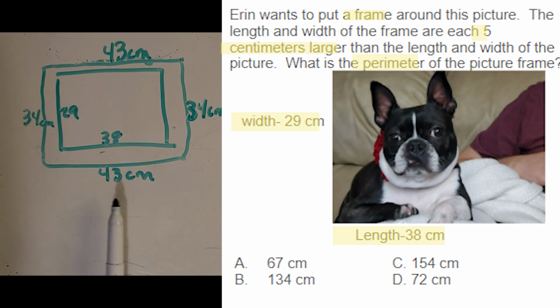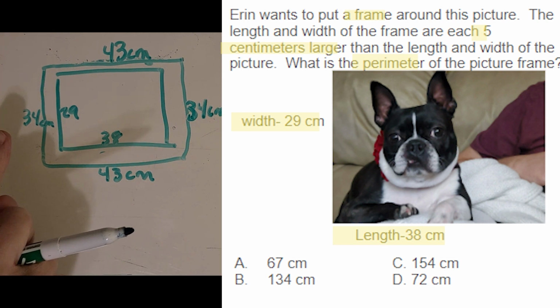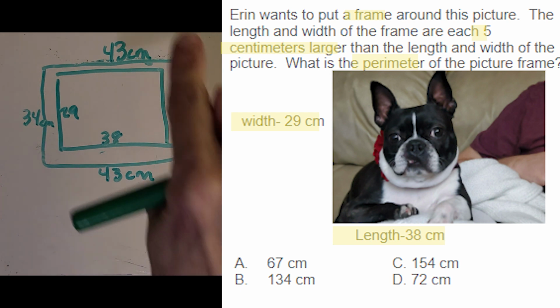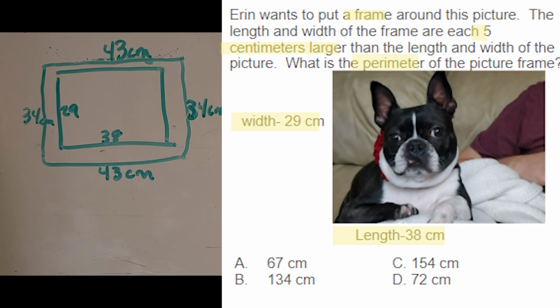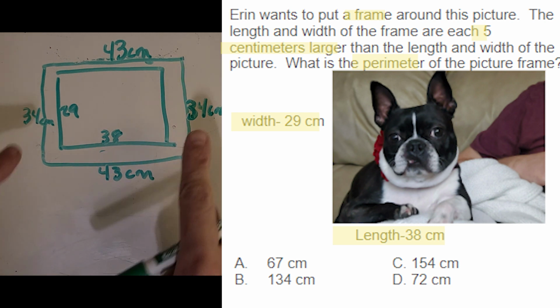Okay, now we can work with these 4 numbers. So one strategy I'll share with you that I really like, this is my favorite one, is to start, instead of going 34 plus 43 plus 34 plus 43, I like to do doubles because that's easier for me. So I'm going to start with 34 plus 34.